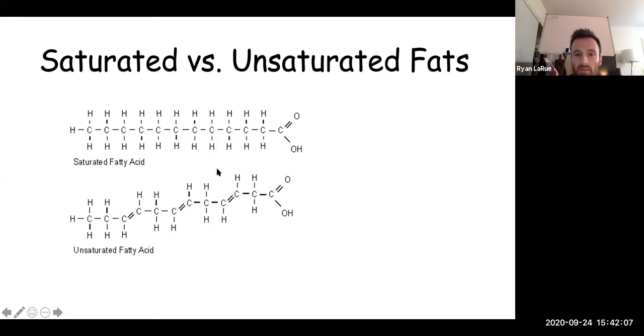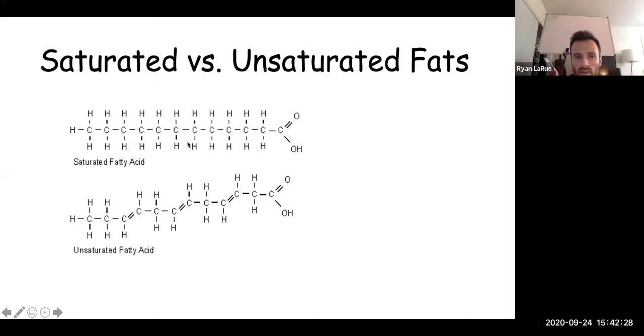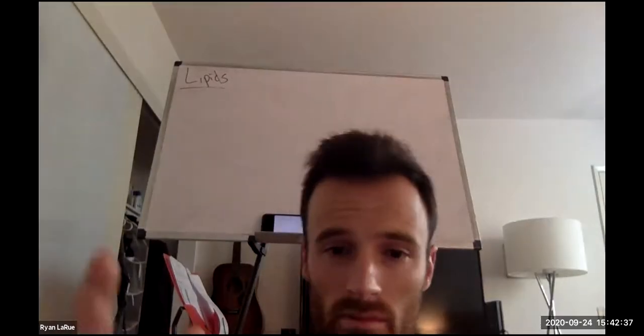Part of the reason I showed you what a triglyceride looks like and what these fatty acid tails look like is because you can have different types of fatty acid tails in a fat molecule or our triglyceride molecule. And so we're gonna look at these two different types. You can have a saturated fatty acid tail or an unsaturated fatty acid tail. We're gonna look at the differences between the two. And they're important for certain properties of lipids.